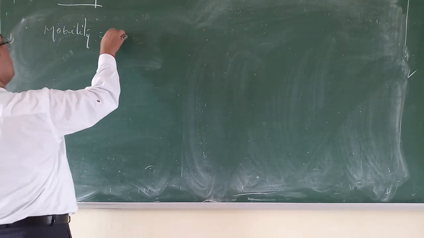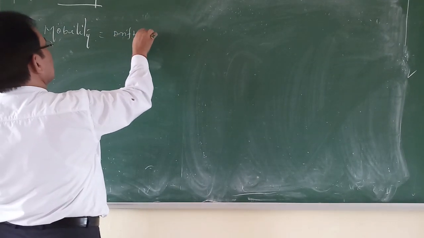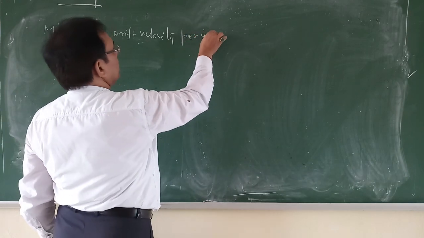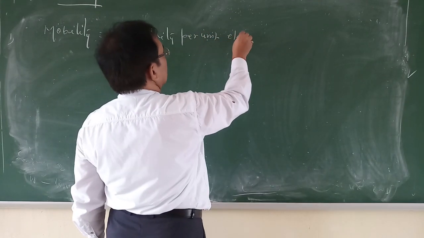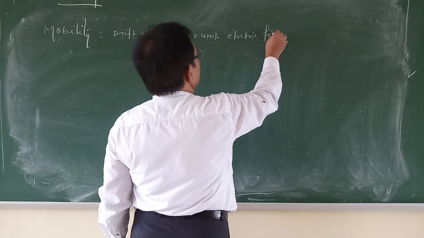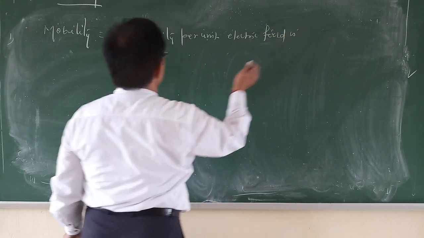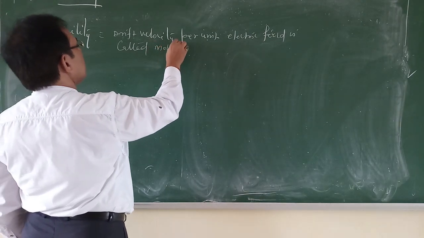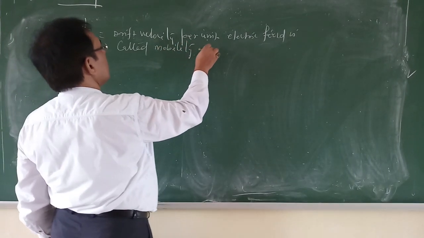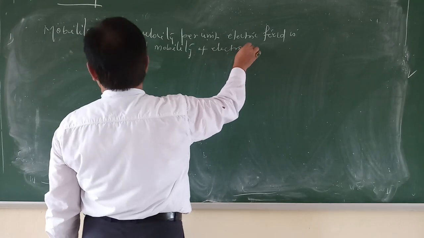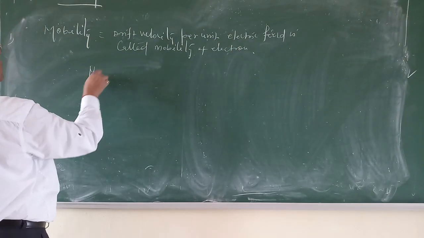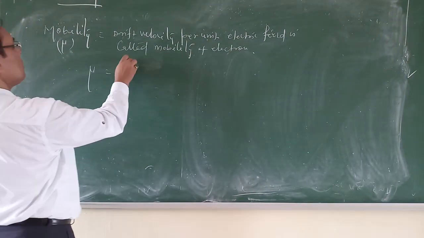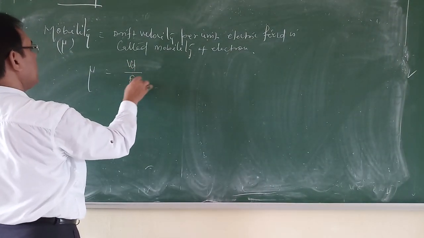Drift velocity per unit electric field is called mobility. So that is mu equal to, mu represents mobility. So mu equal to drift velocity Vd by E.